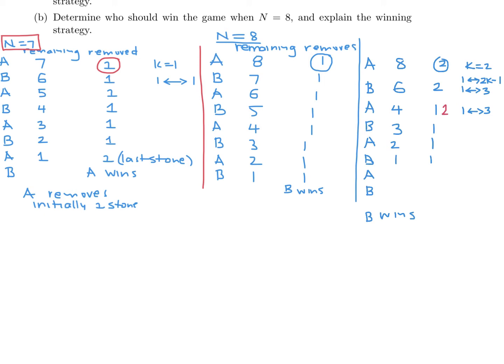Well, then we now have 2 left. Beryl will now remove 2, because that way she will have removed the last stone. And she's allowed to remove 2 because K is 2, and therefore she can remove anywhere from 1 to 3.